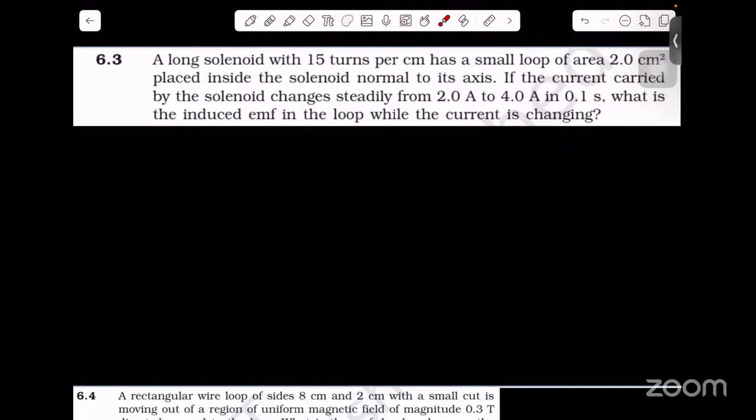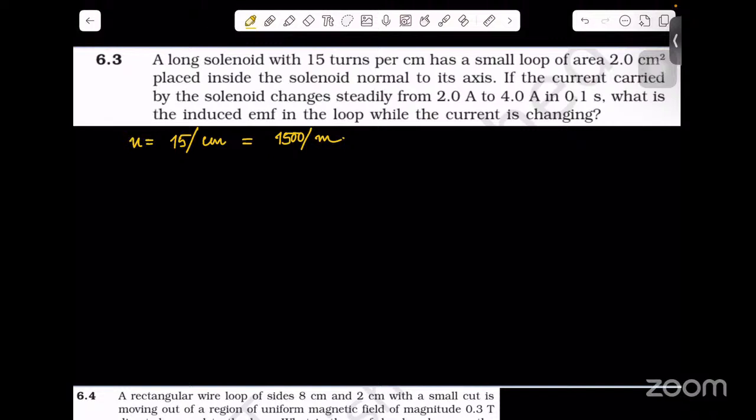Okay. So in this case, the number of turns of the solenoid is given as 15 per centimeter, right? Which is 1500 per meter in SI units. All right.